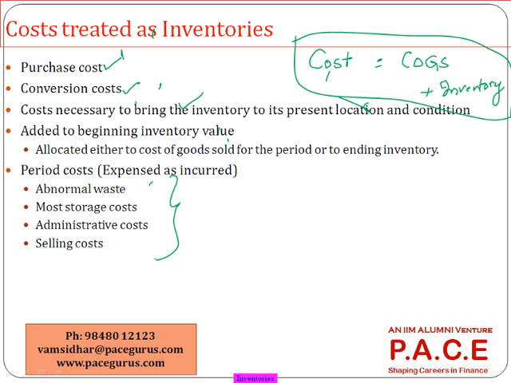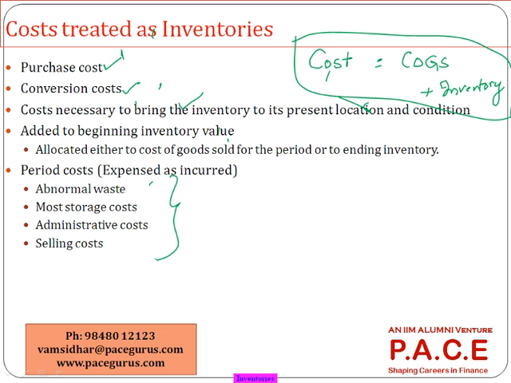But abnormal wastage that comes up, which you may not expect at the outset, a big wastage, spoiling, perishing, something which is not a regular one, then you have to treat it as a periodic cost. And that periodic cost does not go into the inventory, it goes as an expense in the income statement itself. That will not be treated as a part of the inventory cost.